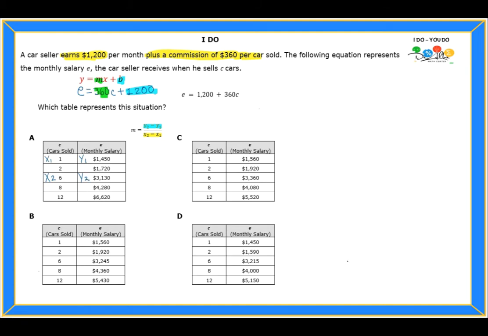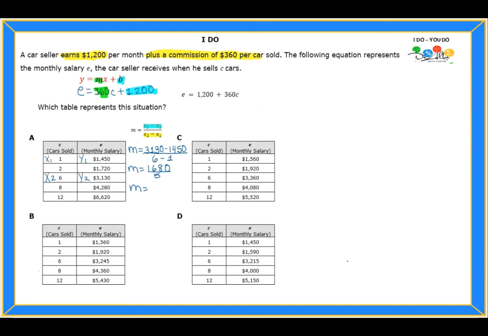Okay, so let's go ahead and replace the values. My y of 2 is 3,130 minus 1,450. All of that divided by 6 minus 1. Okay, so let's go ahead and subtract, and I'm going to get 1,680 over 5.